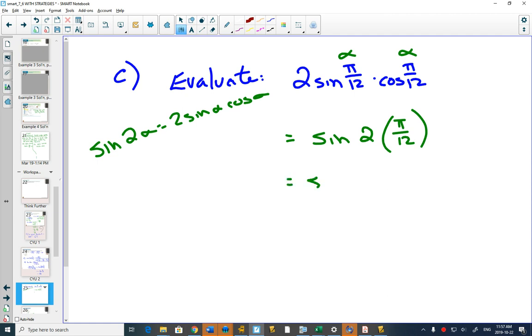And that simplifies to be pi over 6. Is that on your pi plate? Yes. It's equal to 1/2. How much work was that? 2 marks worth of work. 1 mark for recognizing the formula and changing it, and 1 mark for evaluating sine of pi over 6. Way faster than doing 2 pi over 12 questions.